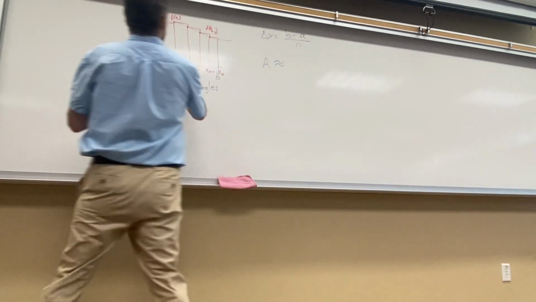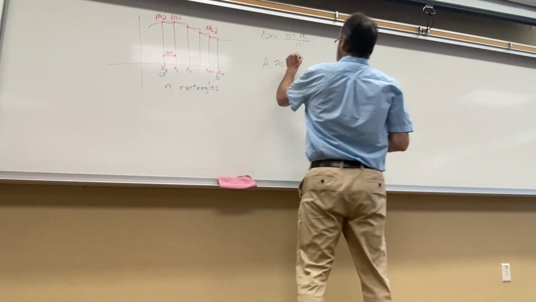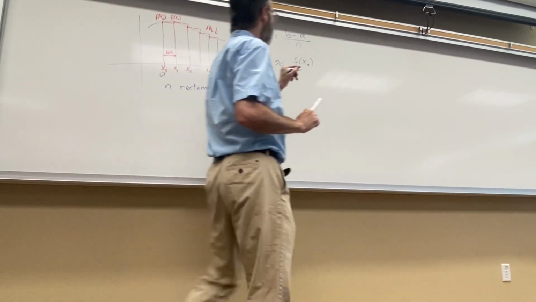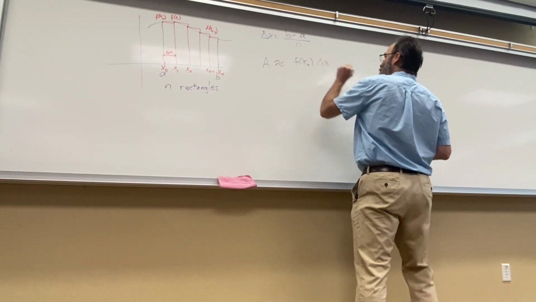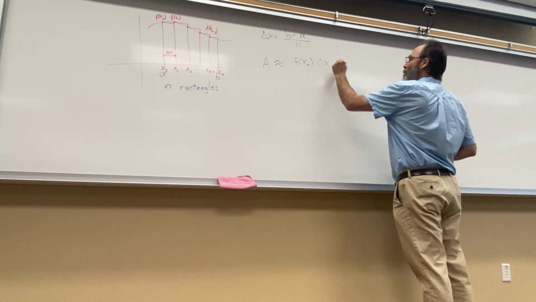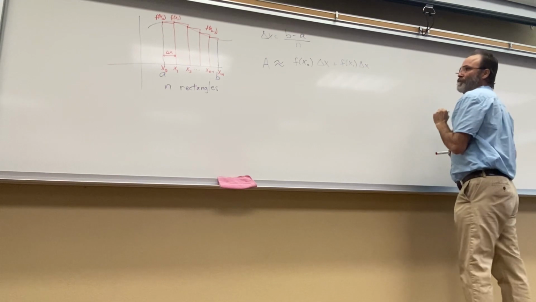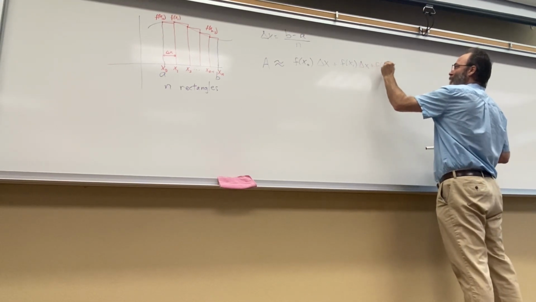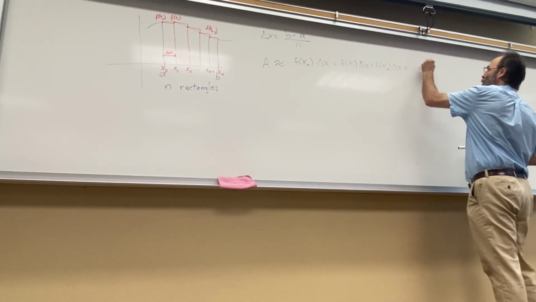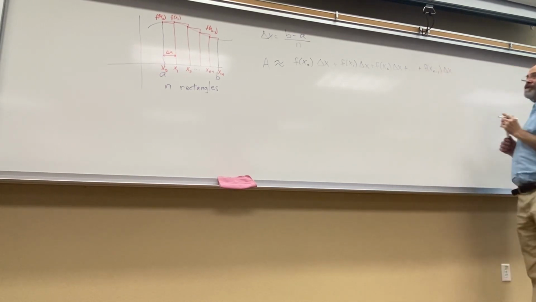This first rectangle is going to be a height of f of x0 and a width of delta x. Next rectangle is f of x1 delta x, f of x2 delta x. And we go all the way out to f of x n minus 1 delta x.